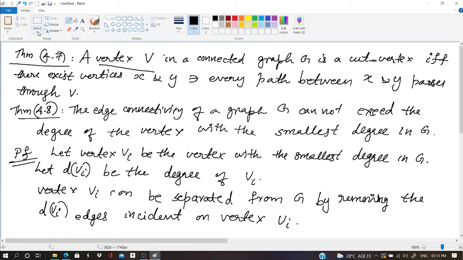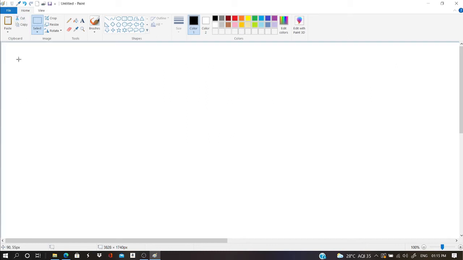Now we can move to the next theorem, that is theorem 4.9.